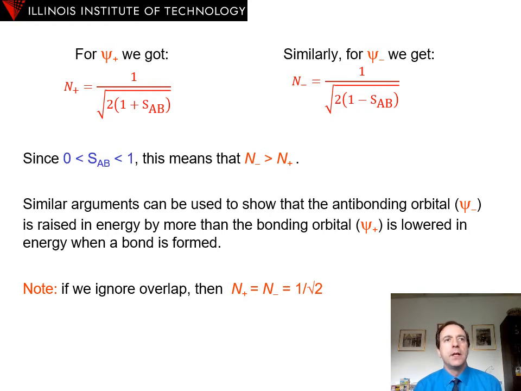In other words, the benefit that we get from forming a bond in a given molecule is outweighed by the penalty we would pay for having an antibonding orbital. So it's more expensive to put electrons into antibonding orbitals than it is to put them into bonding orbitals.